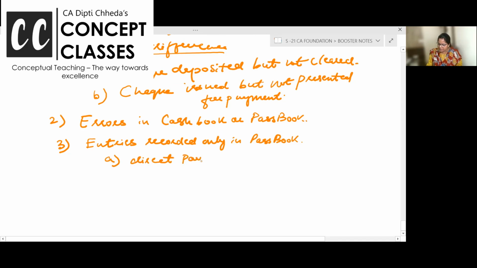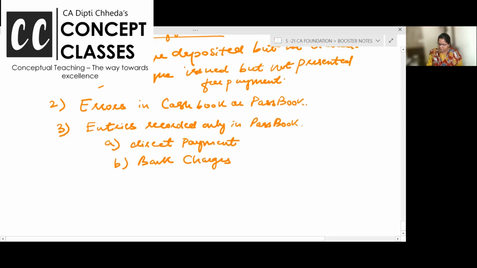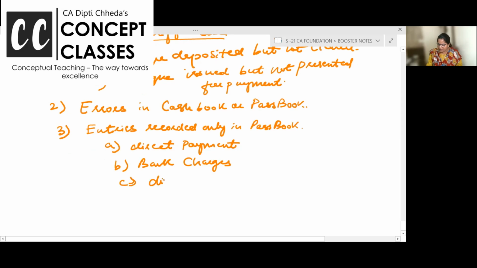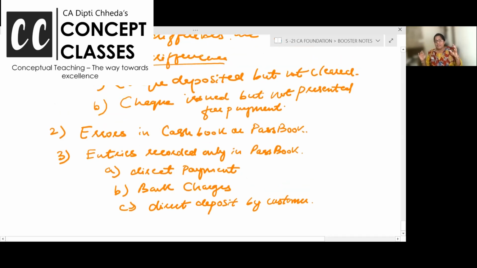Direct payment, bank charges, direct deposit by customer, है ना? कस्टमर ने डायरेक्टली आपके अकाउंट में पैसे जमा कर दिए या डायरेक्ट पेमेंट हो गया, डायरेक्ट चार्जेस है, लाइक दैट. So these are the 3 reasons of difference.